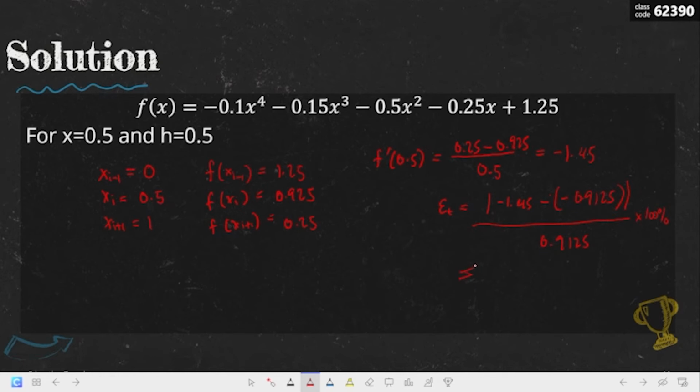So our true value error is equal to 58.9%. The error is very big.